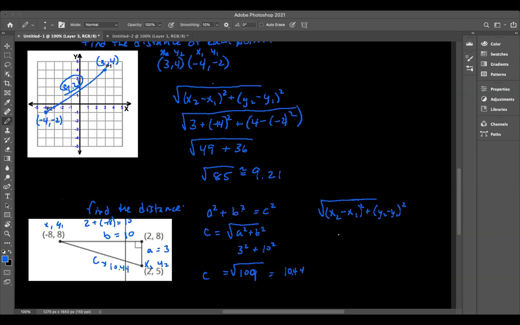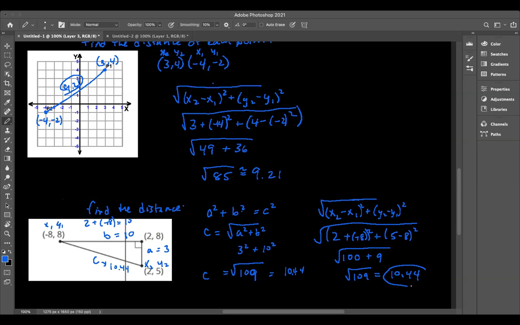So this would be 2 minus negative 8 squared. Square the whole thing. And then y2 would be 5 minus 8, and square that, and then square root the whole thing. So 2 plus 8 is 10, which gives us 100. Negative 3 squared is 9. It's not negative 9, it's positive 9. So again, the square root of 109, which is 10.44.